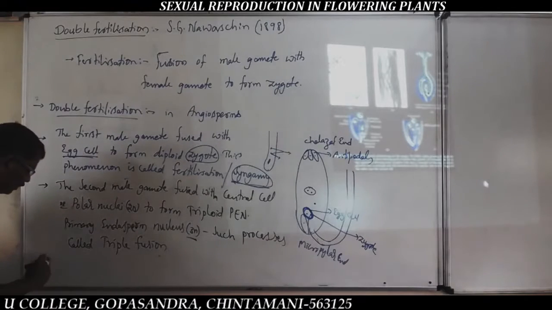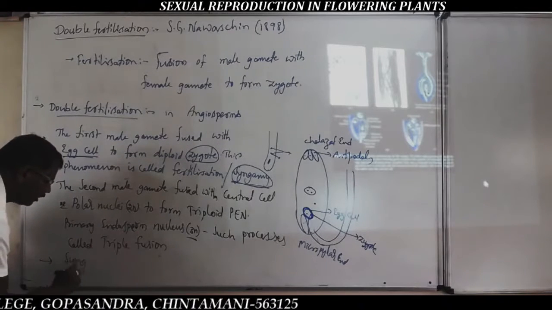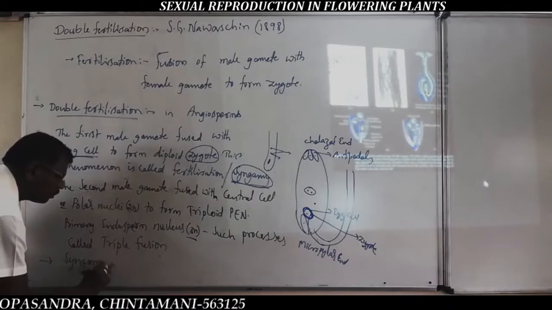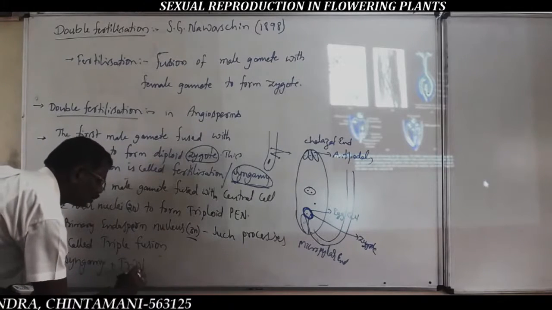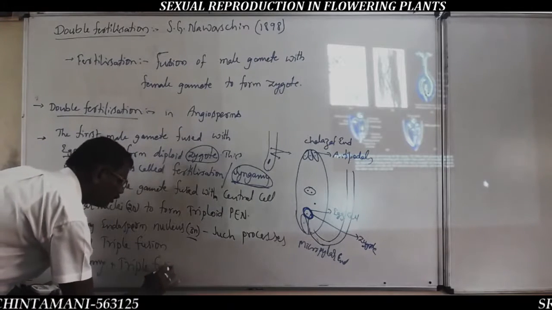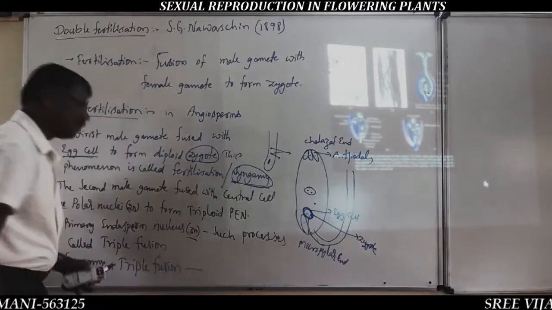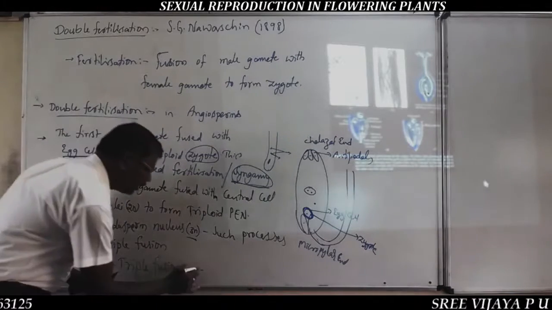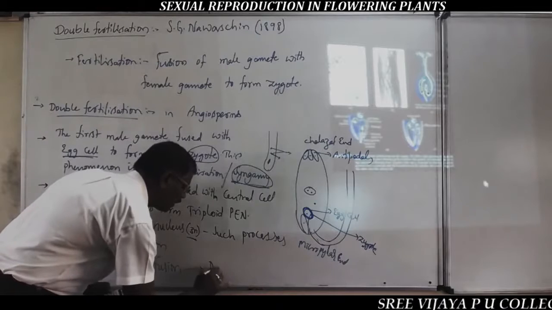Syngamy plus triple fusion is called double fertilization.